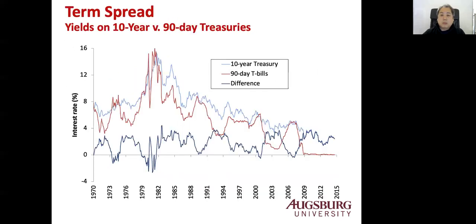This term spread is the difference between the 10-year bond yield and the 90-day yield, all Treasuries. So the default risk level is quite similar, right? But there is the liquidity premium and also the market expectation, usually an inflation premium.